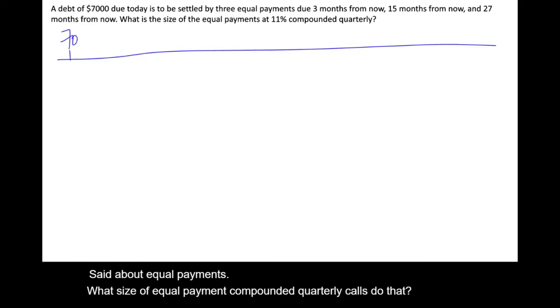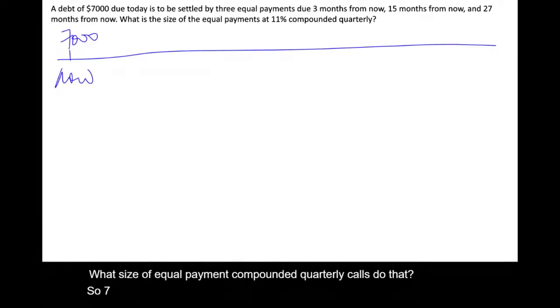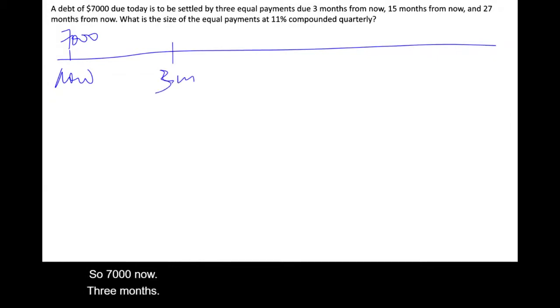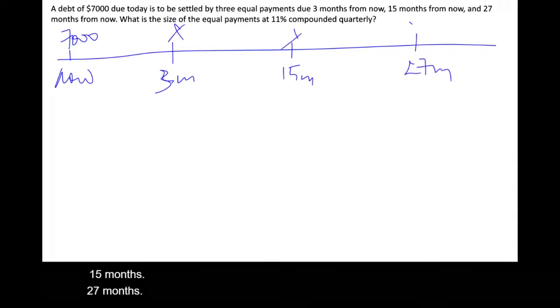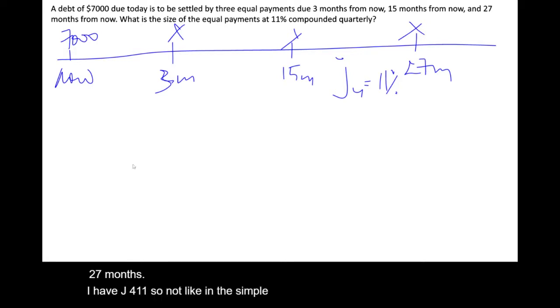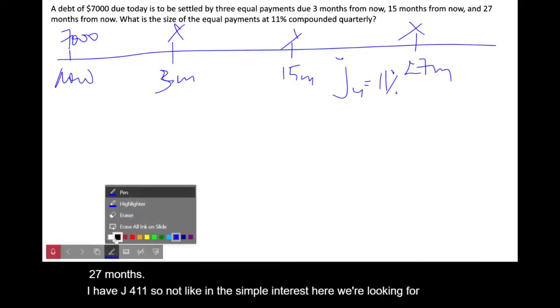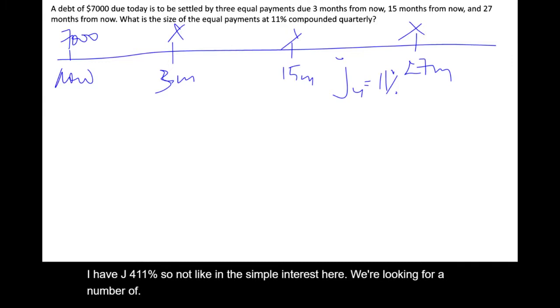So 7,000. Now 3 months, 15 months, 27 months. X. I have J4 of 11%. So not like in the simple interest here, we're looking for a number of compounding intervals.